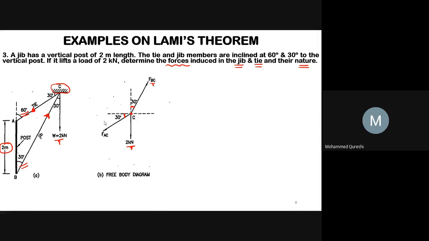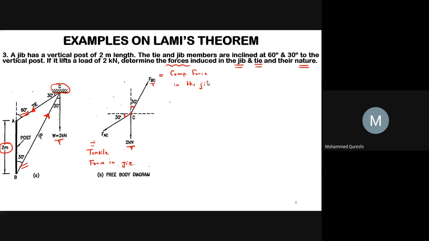So now we may say that your FAC is tensile force in the tie, and FBC is the compressive force in the jib.